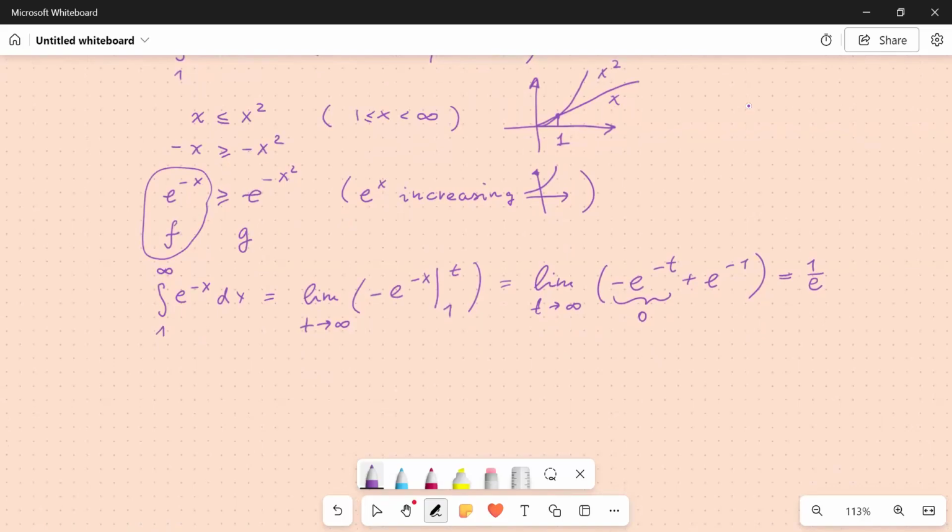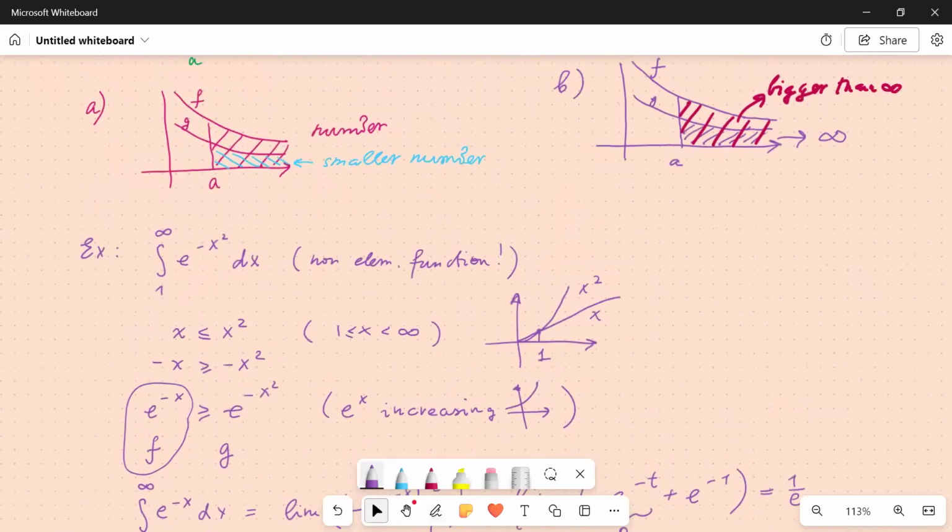You will need to write down that by the comparison theorem, the integral of g of x dx from 1 to infinity, which is equal to the integral of e to the negative x squared dx from 1 to infinity, is convergent too.